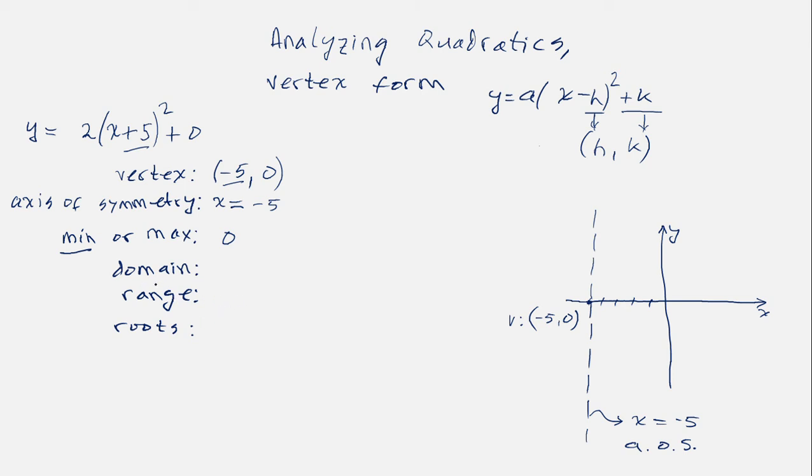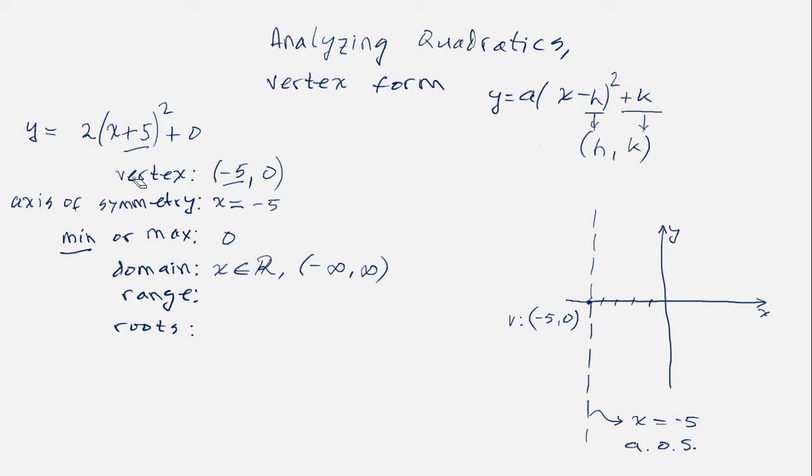Now let's talk about domain. Since the domain for this parabola is not restricted in any way, we can always say that the domain is all real numbers. X belongs to all real numbers. Or we can say any value between negative infinity and positive infinity can be used in this equation right here.